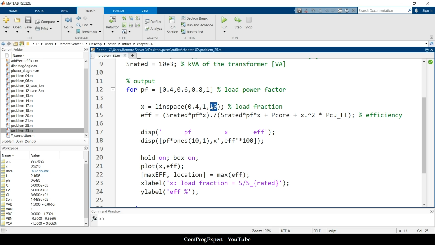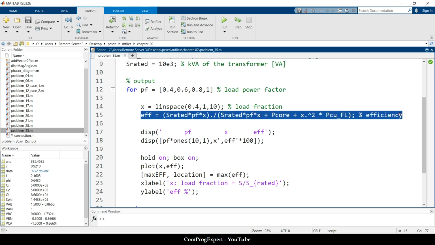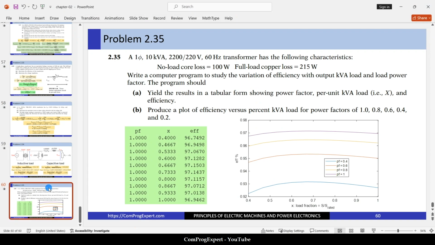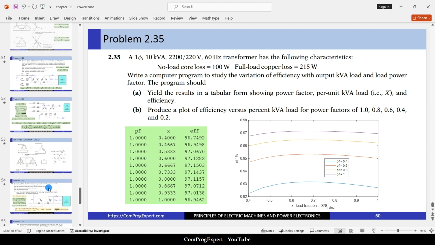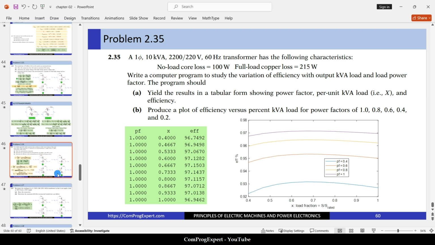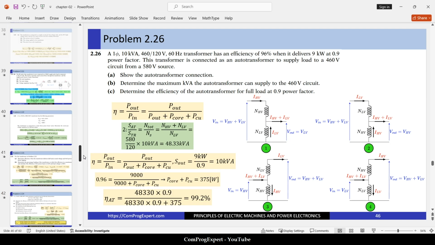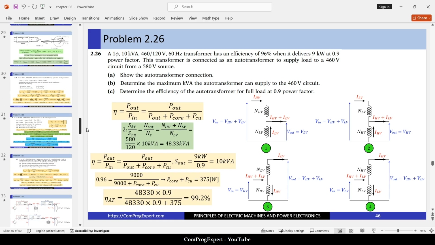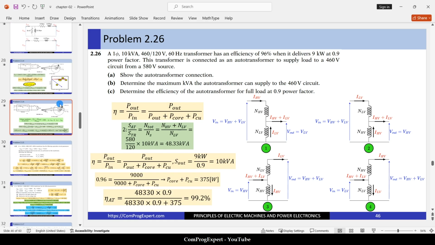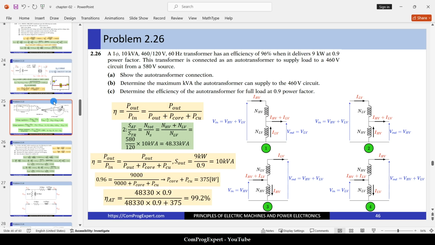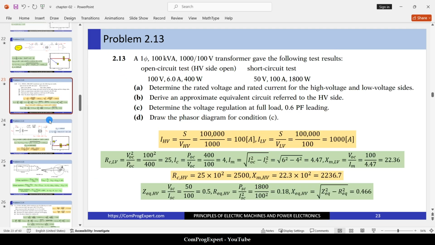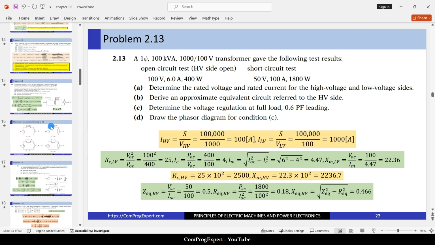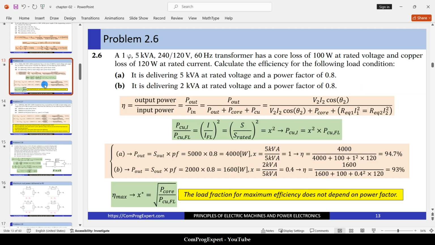For example, consider 10 points for the load fraction, and then calculate the efficiency using this equation, right, that we used for calculation of the efficiency as a function of the load fraction. We used it for one of, I think, this problem.